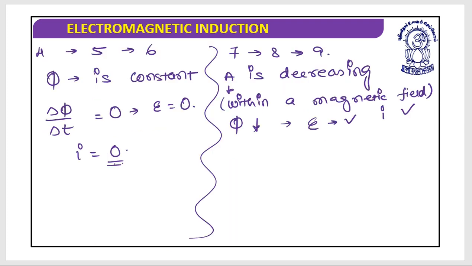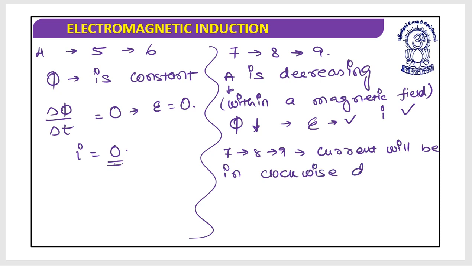So in this situation 7, 8, 9, current will be in clockwise direction. Why in clockwise direction?